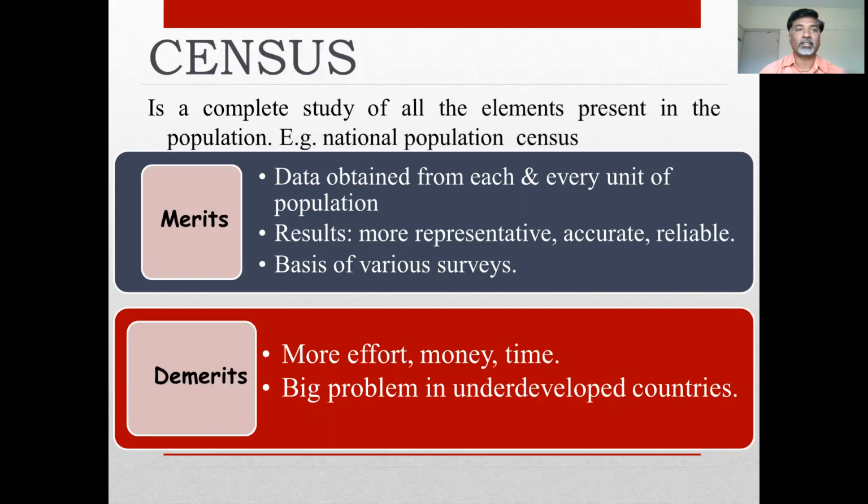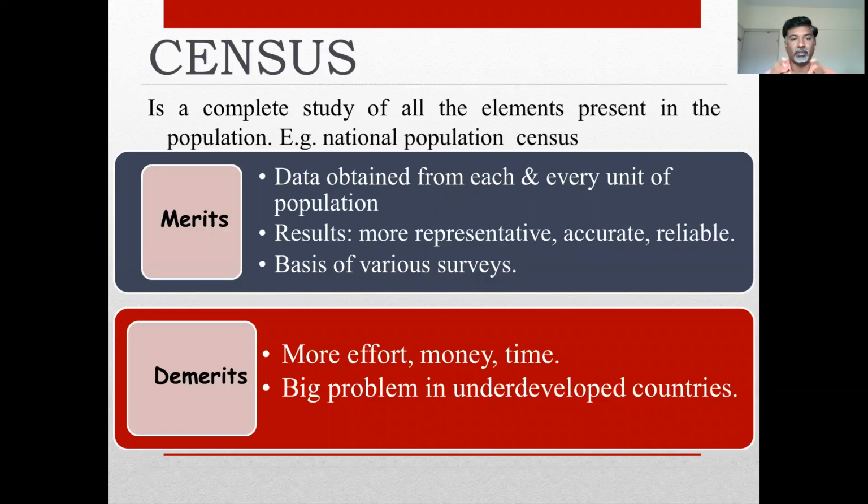Now there is one census inquiry, or census sampling, we can say. If we are taking all members from a population for our research, if you are taking the whole population, your universe, as a sample, then that survey is called a census survey. As we know, if we collect information from all members, the results will automatically be more representative, more accurate and more reliable.